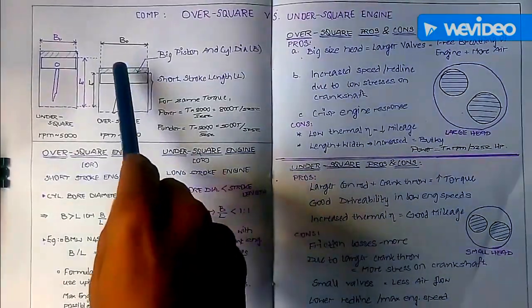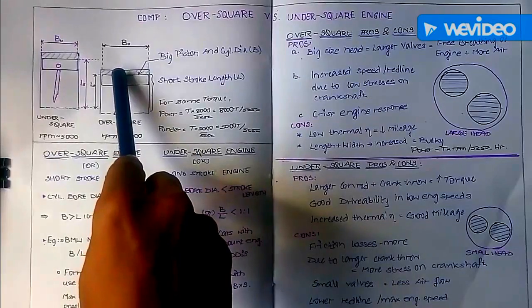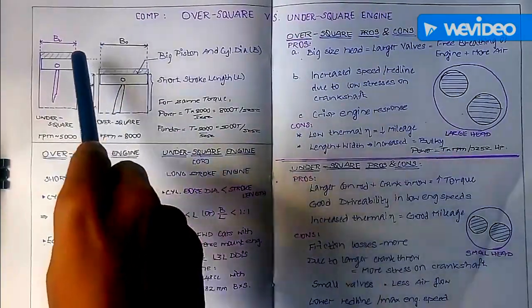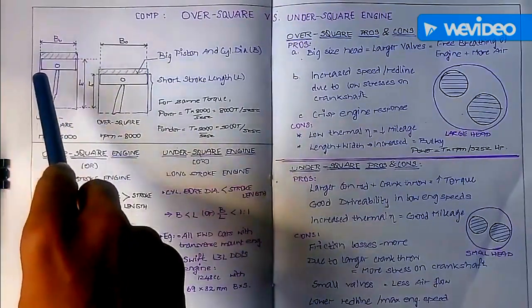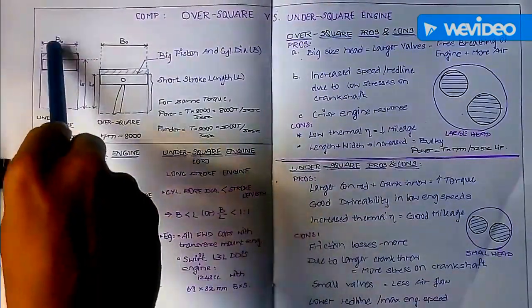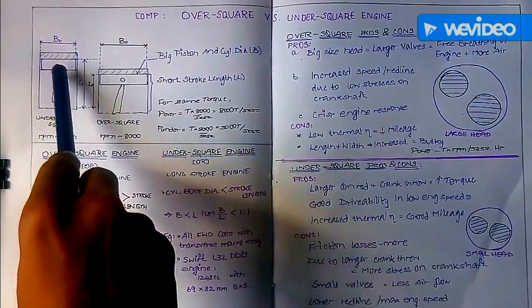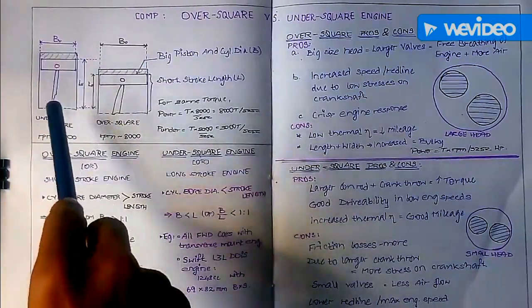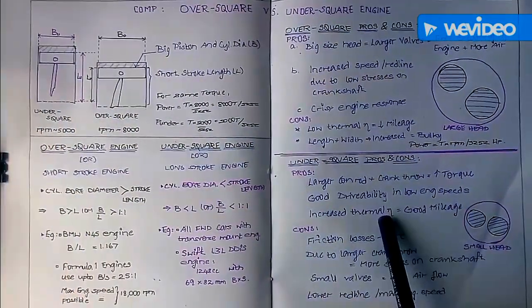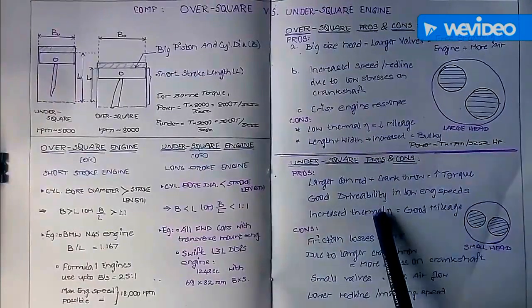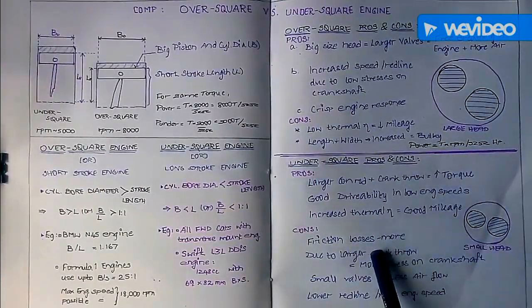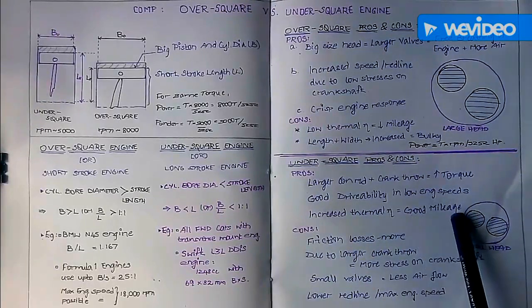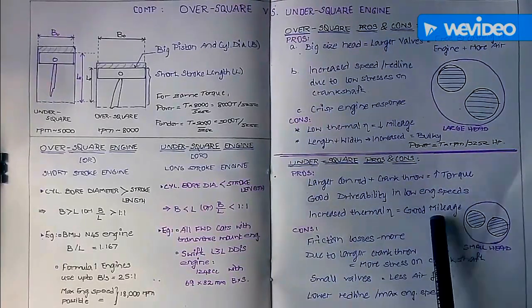As previously said, the temperature inside this combustion chamber would always be lower compared to this one. So a lower temperature would mean proper conversion of the fuel into energy. So the thermal efficiency of an under square engine is always greater than the thermal efficiency of an over square engine, which leads to good mileage from the driver's point of view.